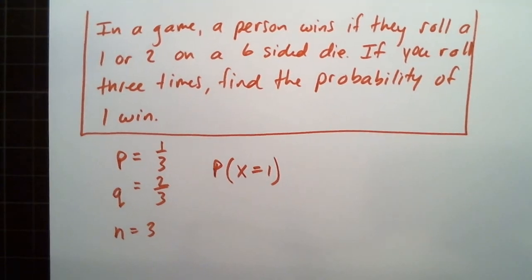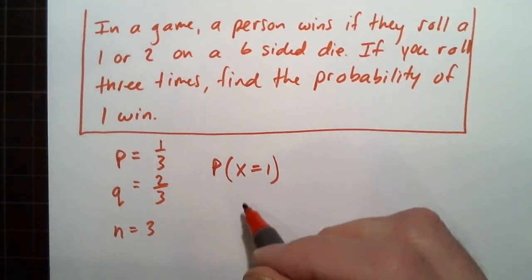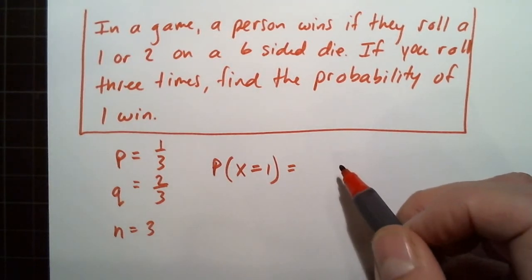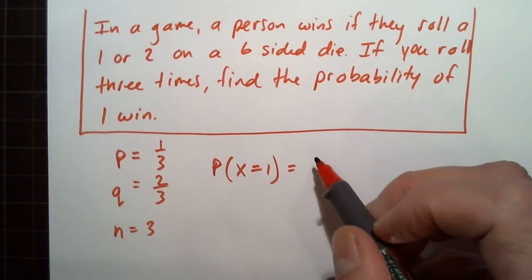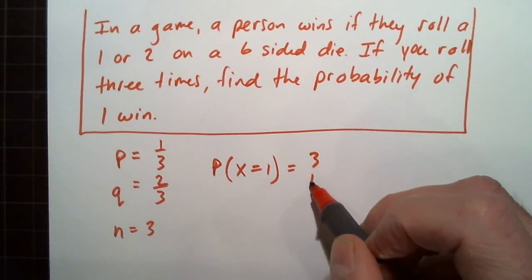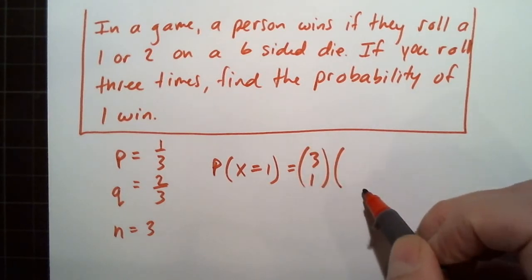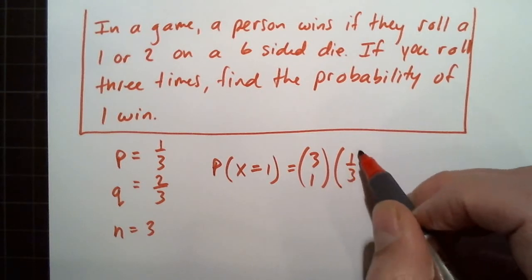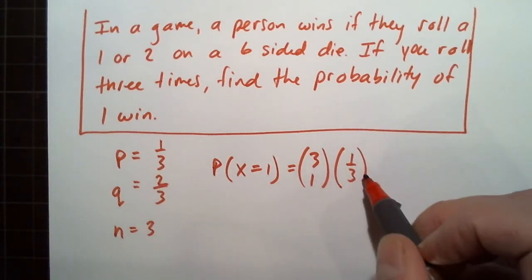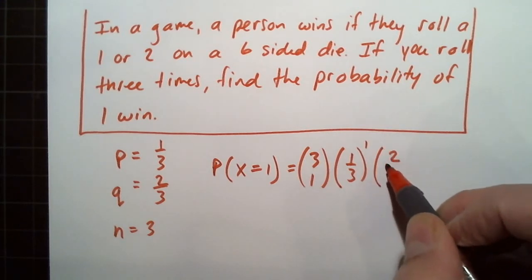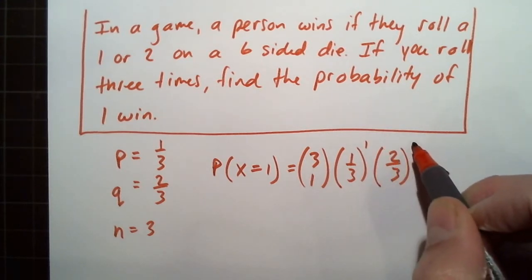So the probability of 1 win is going to be, and now we use the formula from binomial expansion, where we have n choose r, so we have 3 choose 1. We'll have the probability of a win and the number of wins, and the probability of a loss and the number of losses.